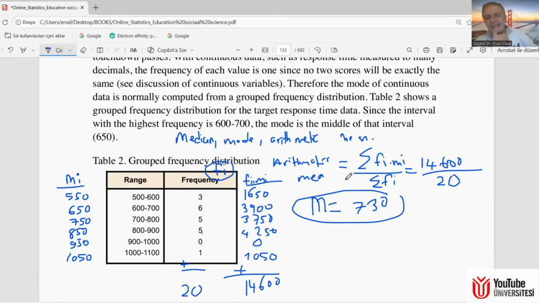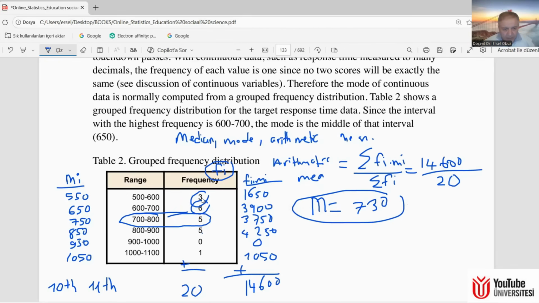So how about the median? Since we have 20 values, you need to get the 10th value and the 11th value. So 3 plus 6 will give 9. Then you have 10, 11, 12, 13. So just put it like this.